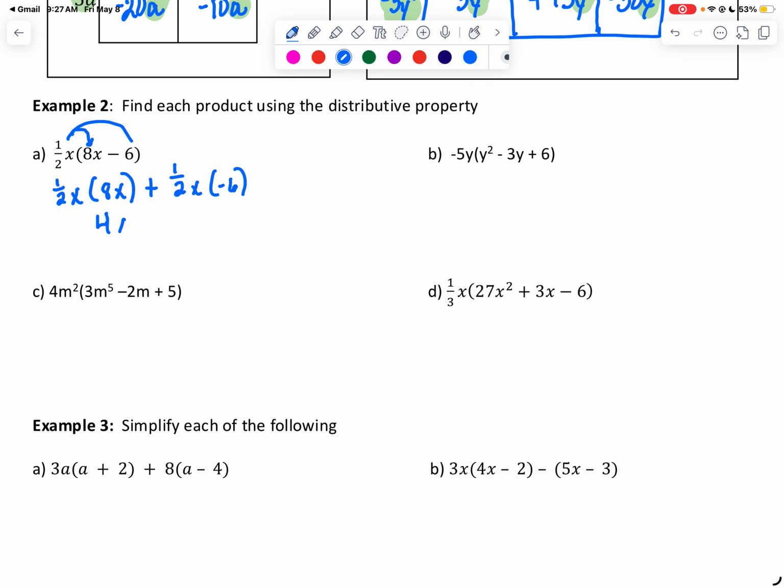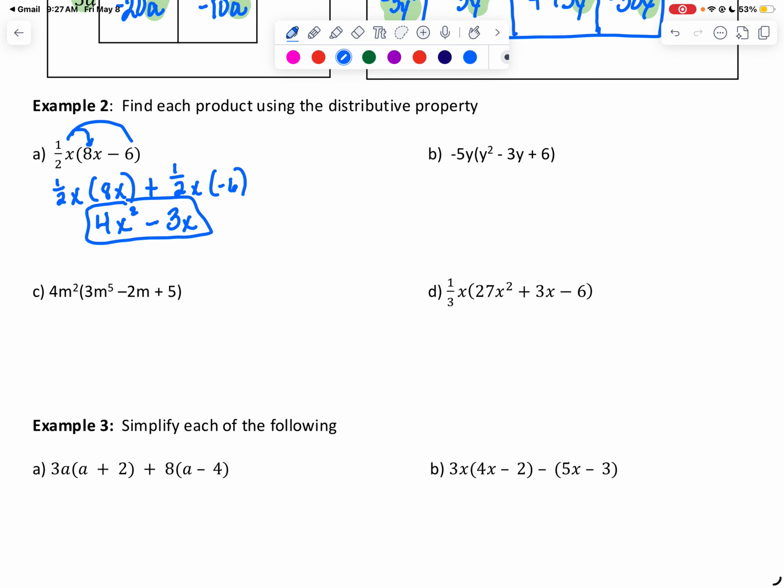X times x is x squared. Here I have 1/2 x times negative 6, and that would be negative 3x. So because it's negative 3x, I put minus 3x.